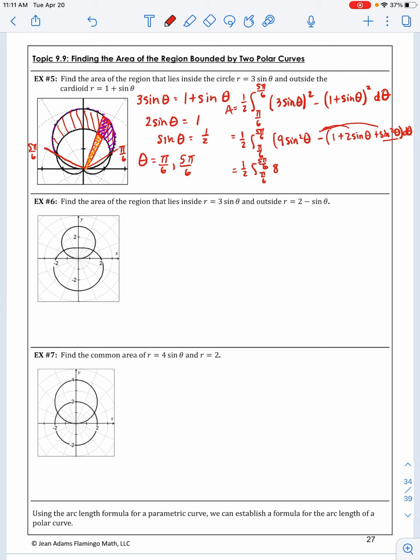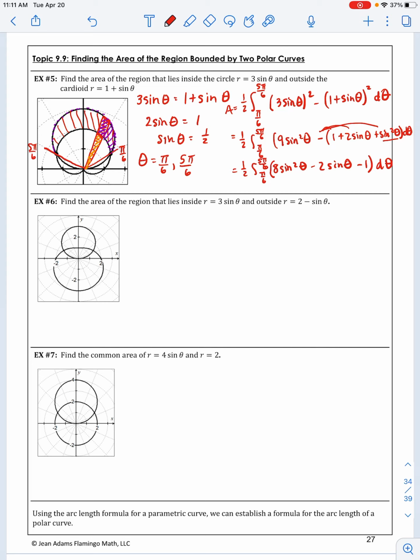And when I distribute this negative to the sine squared term, I'm going to have a total of 8 sine squared theta minus 2 sine theta minus 1. And so I have simplified that.